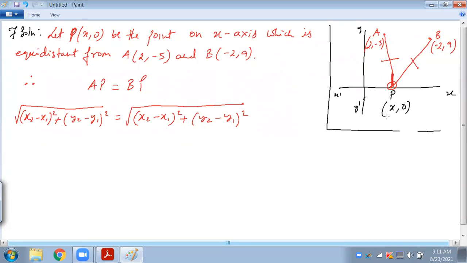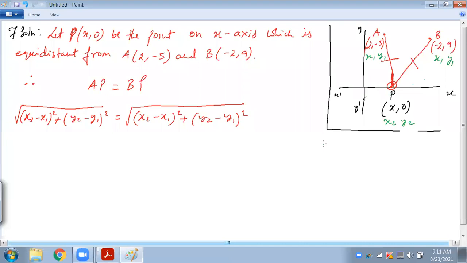Okay, now for AP, P contains x. If any point contains x or y, take that one as x2, y2. The other point you take as x1, y1. Again, for BP also, P we have taken x2, y2, so B will be x1, y1.